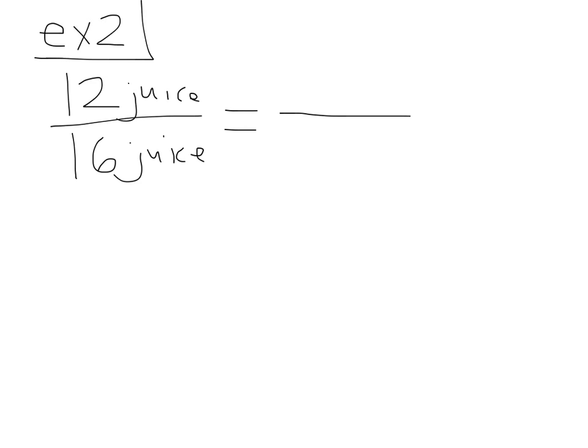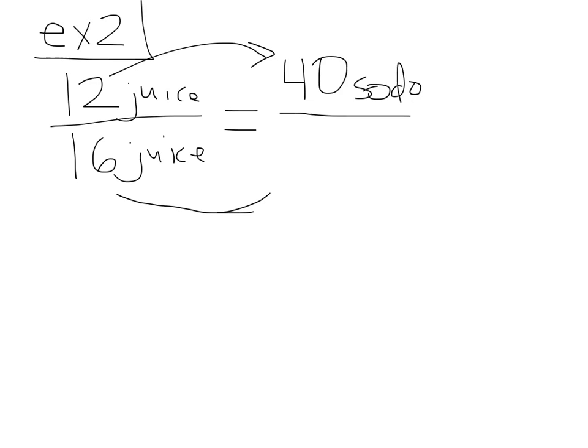Well, this needs to be equal to another fraction. In the recipe, it's 12 ounces of juice and it also says 40 ounces for soda. So the 12 compares with the 40 of soda, so 16 needs to compare with some other number for soda.